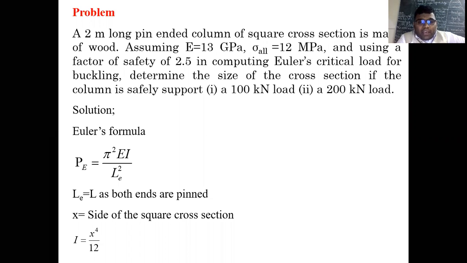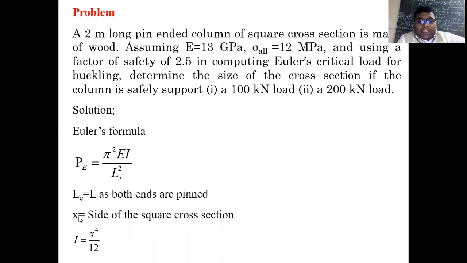I already told you, when the question does not mention the end condition of the column, you can assume the first one. In here it is given. Fortunately, we have the end condition, a pin end. So LE is equal to L, as both ends have pinned condition.